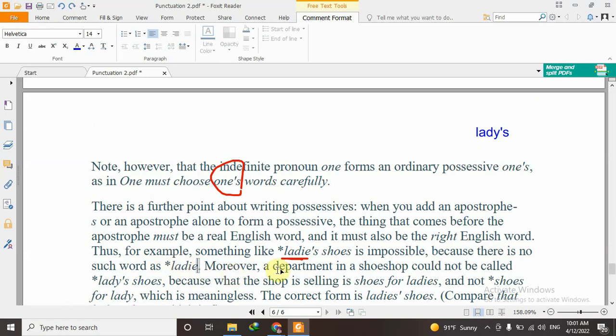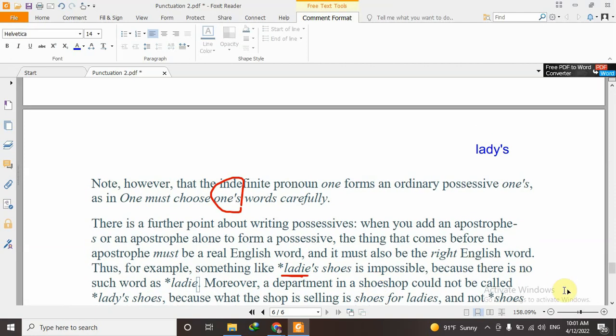Okay. Moreover, a department in a shoe shop couldn't be called ladies shoes. If we have a section in a shop, I can't call it ladies shoes, meaning shoes of the lady or the miss. No, it should be shoes for ladies, and not shoes for a lady, one lady, but for all of the ladies.